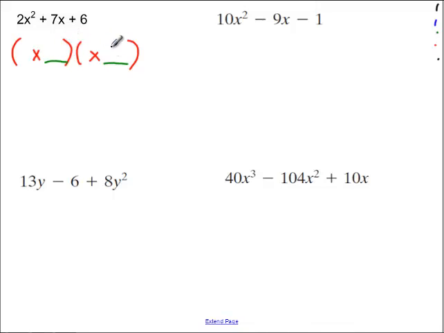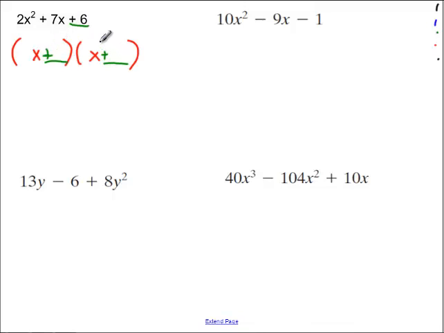They multiply together to give me that number there. So my 6 is positive. That means that either both of these are positive or both of these are negative. And how do we determine? Well, they're going to add up to this number here, this 7. So the 7 is positive, so they both have to be positive. So I'll put that one as positive, and I'll put that as positive, because they multiply together to give me positive 6.